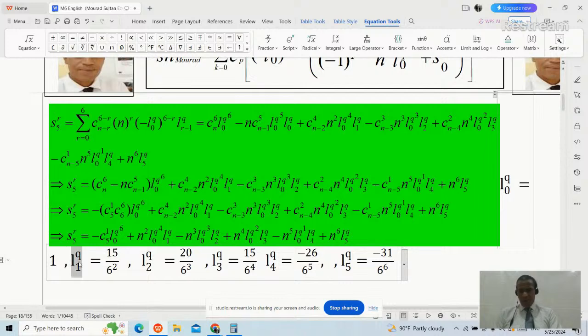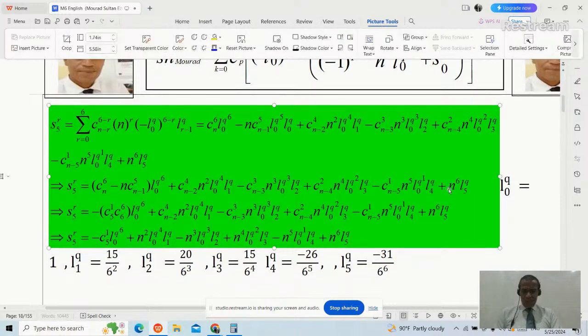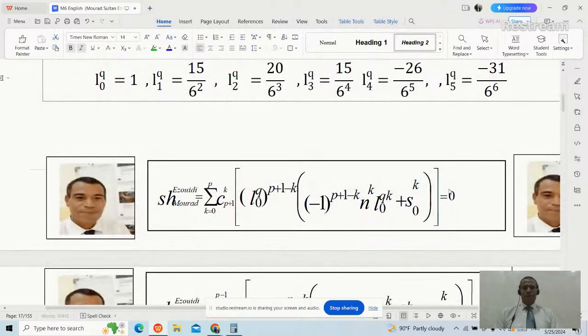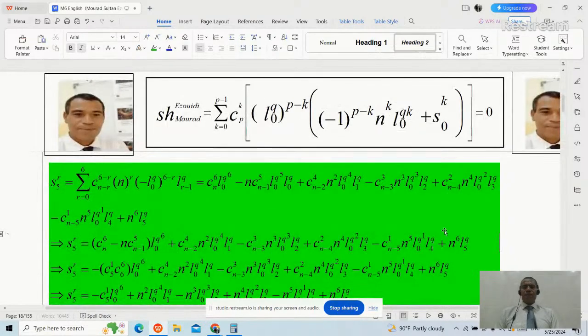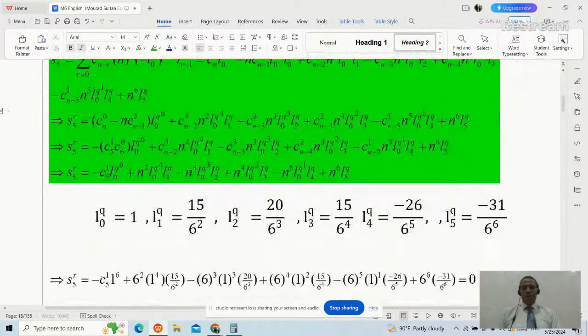Don't forget, copy and paste it here. L0 is written here. I will cut this, enter, go up, paste. Now we go down. So this is L0, L1, L2, L3, L4, L5.